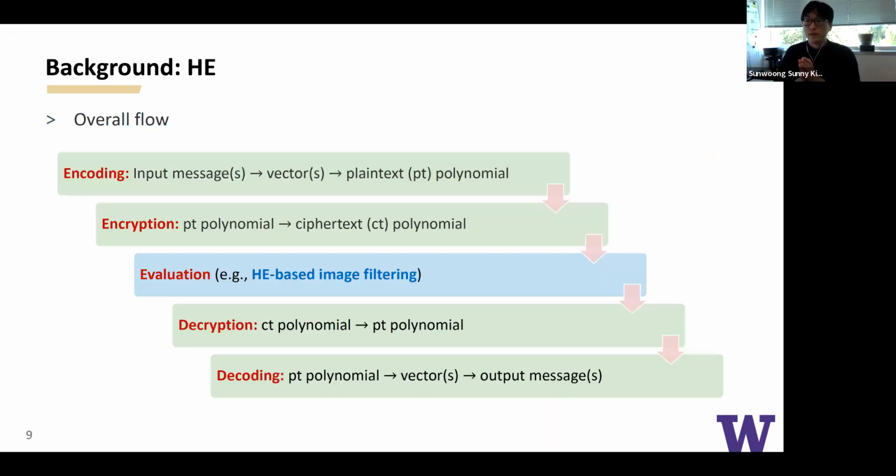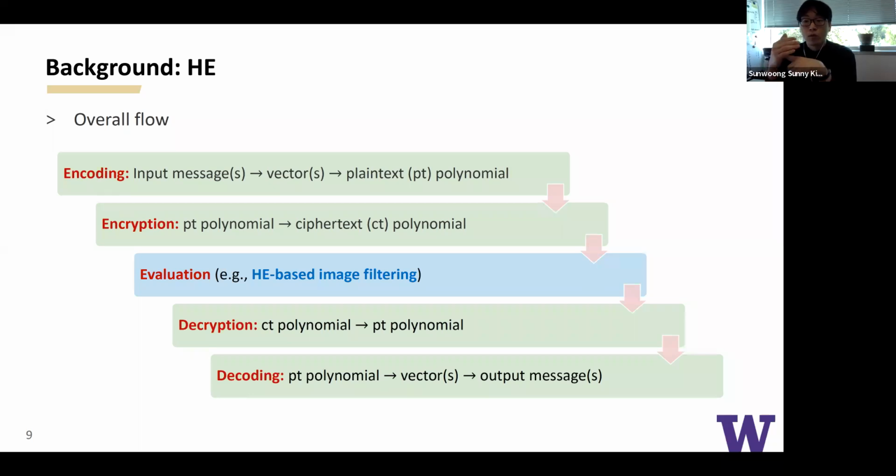So first of all, I will briefly explain the overall flow of homomorphic encryption-based applications. First, a number of input messages are packed into a vector, and this vector is converted into a plaintext polynomial. This process is called encoding in homomorphic encryption.